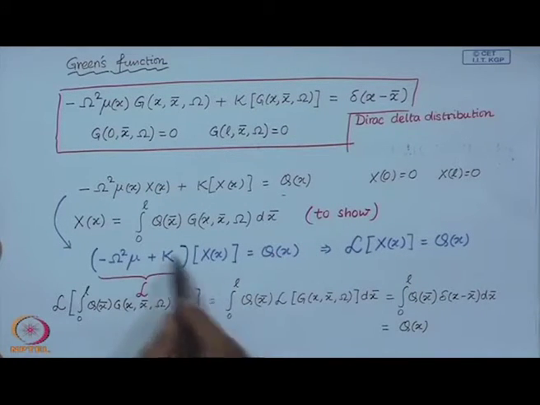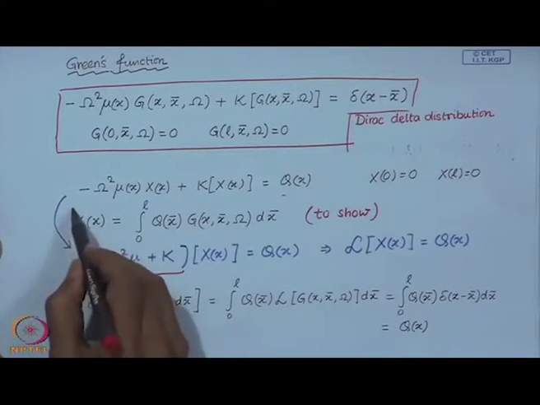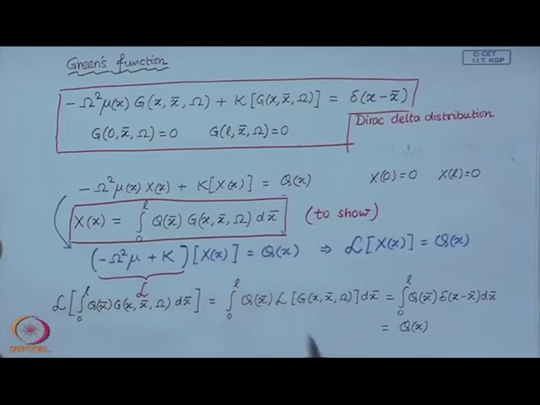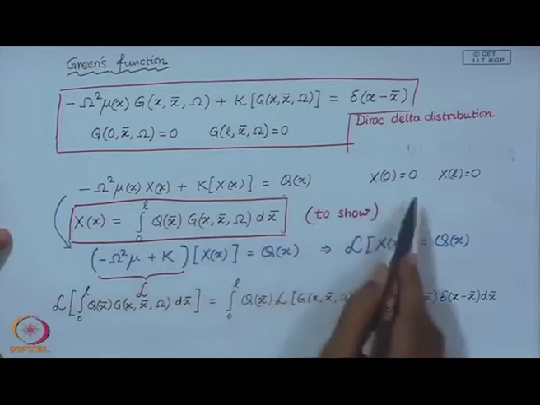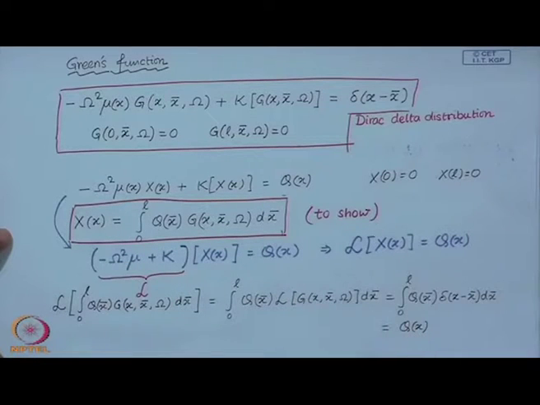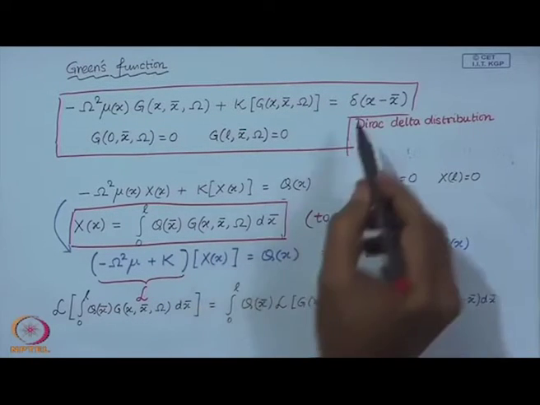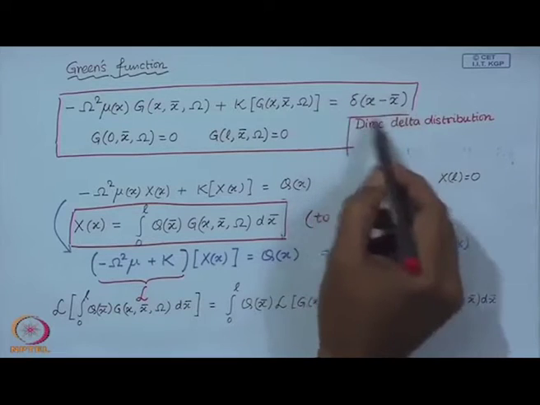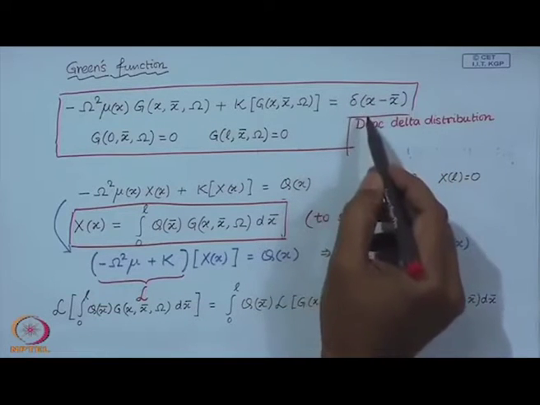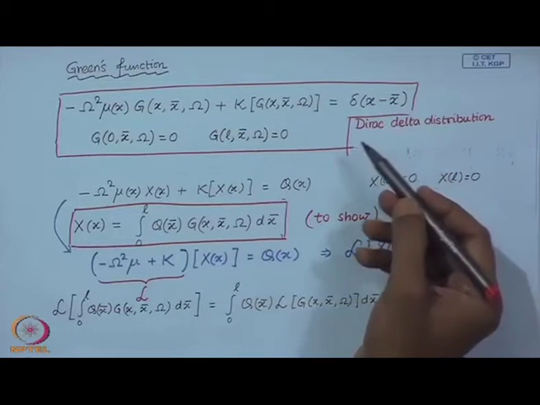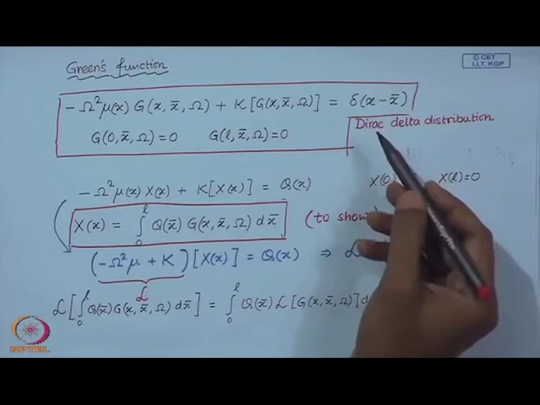Which means that this must be a solution to this problem. So, we need to solve for this Green's function, which is for a very special form of force distribution, and which might possibly be quite simple as well, we hope.